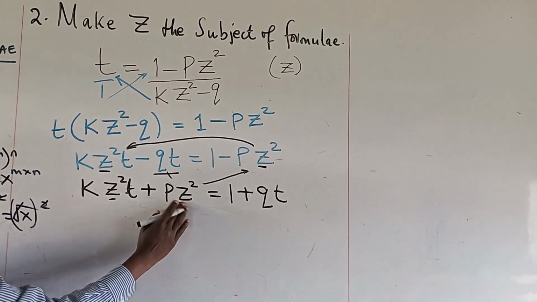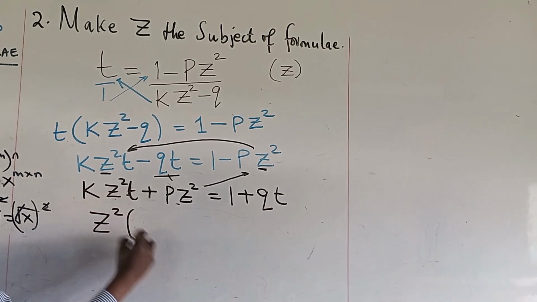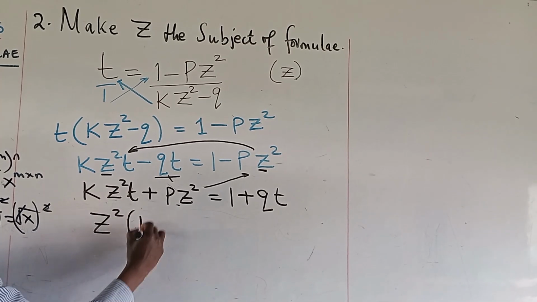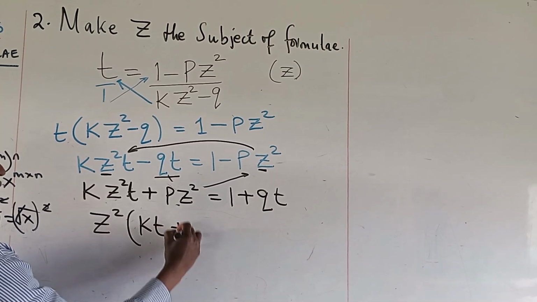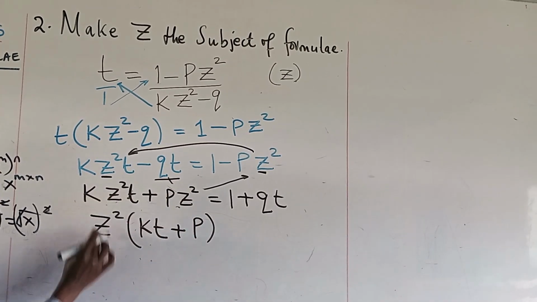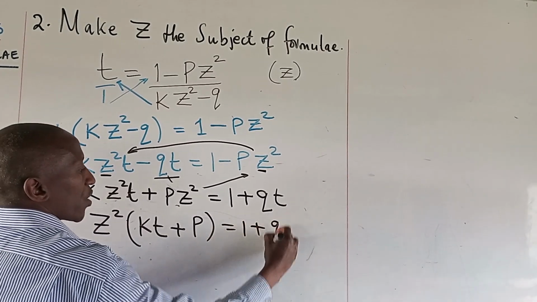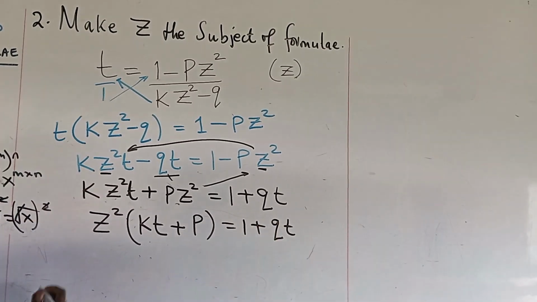Step number 3 is to factor it out. We factorize out Z squared, we get KT plus P. So we remove the Z which is here and replace it here. And that will give us 1 plus QT.